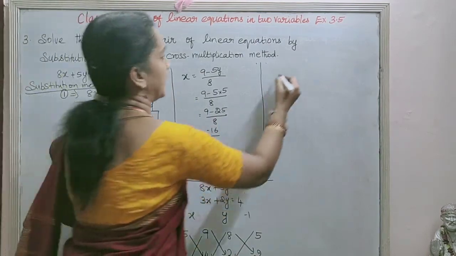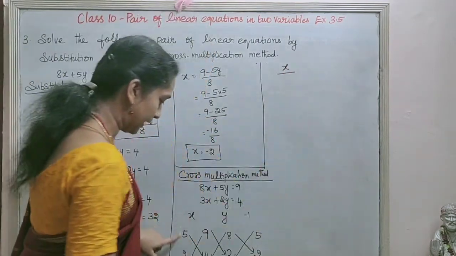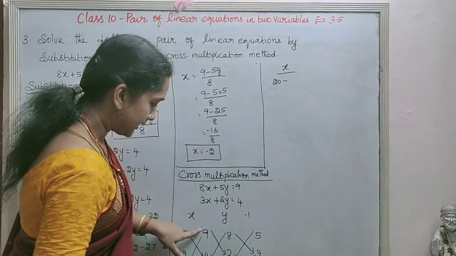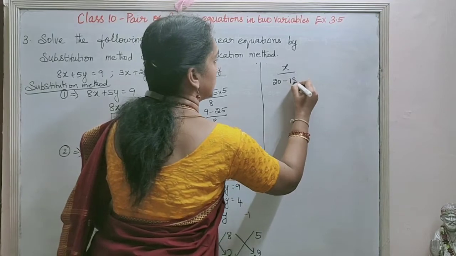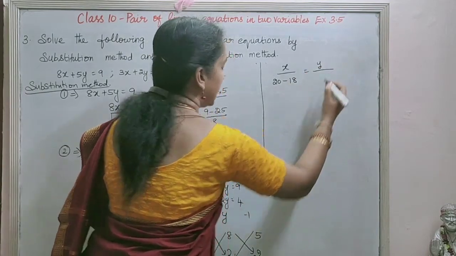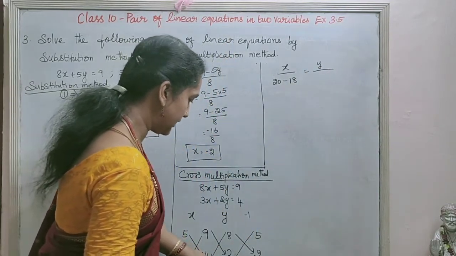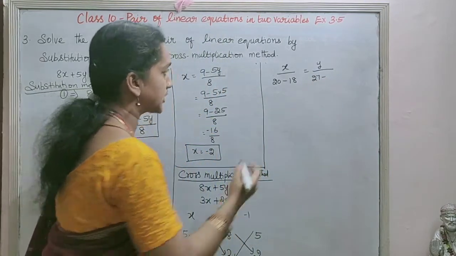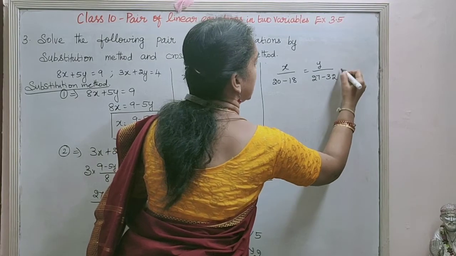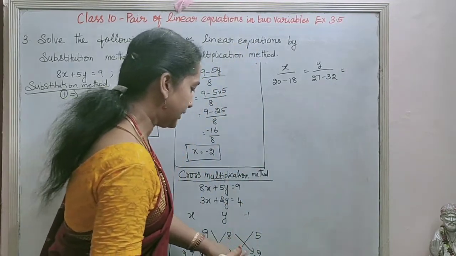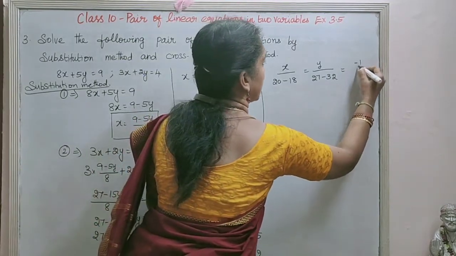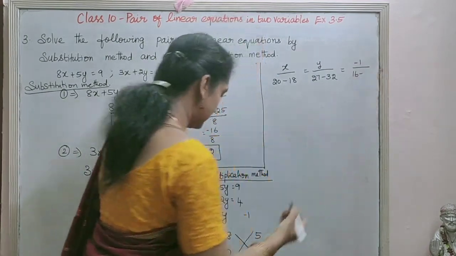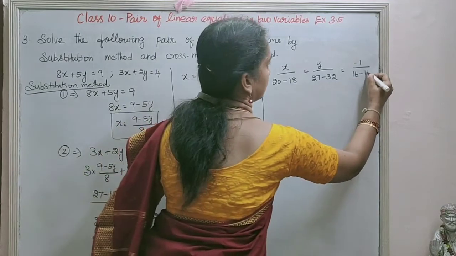So x divided by 5 4s are 20 minus 9 2s are 18, is equal to y by 9 3s are 27 minus 8 4s are 32, is equal to minus 1 by 8 2s are 16 minus 5 3s are 15.